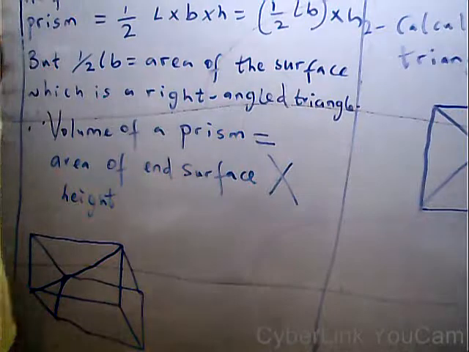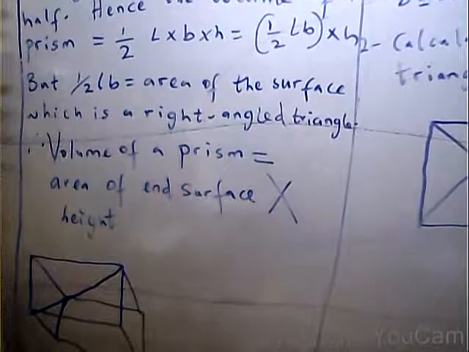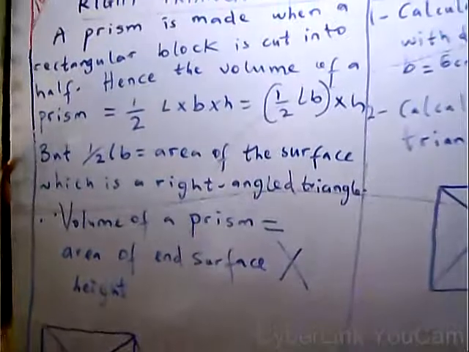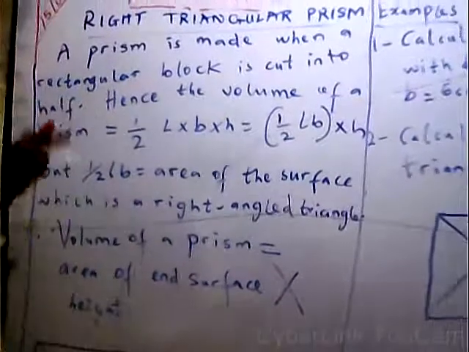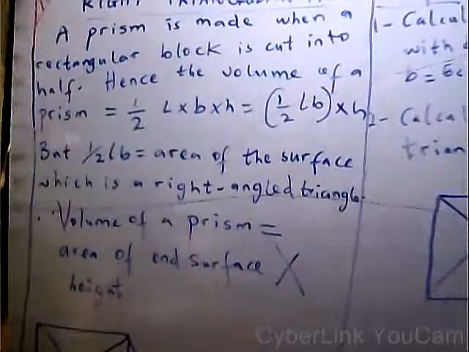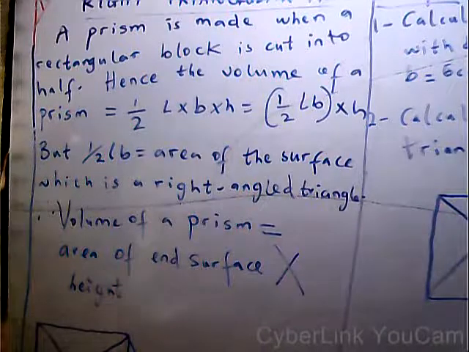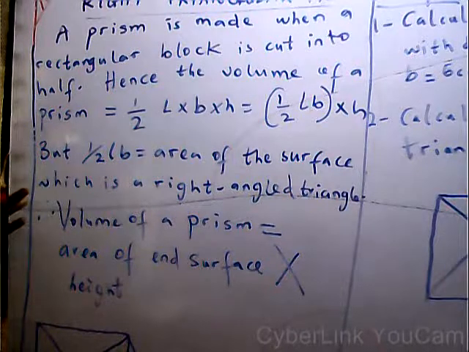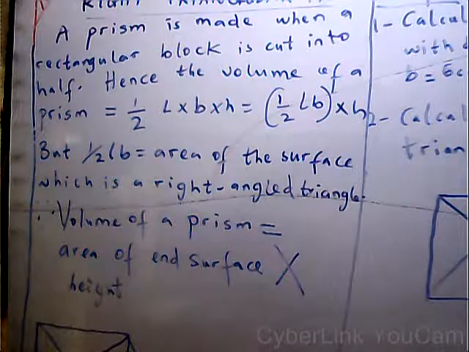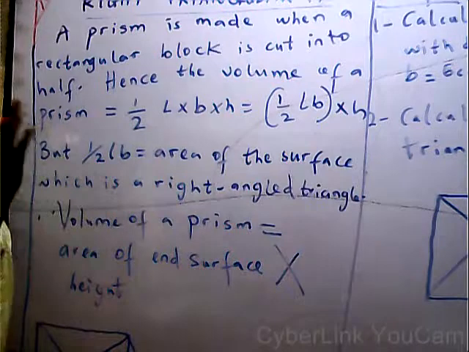Now, remember, I told you a rectangular block is under cuboid. So if you want to find the volume of a rectangular block, we use the formula for finding the volume of a cuboid, which is length times breadth times height. Now this time around, we want to look at a triangular prism. I said it is when we divide a rectangular block into two. That's where we get a triangular prism.